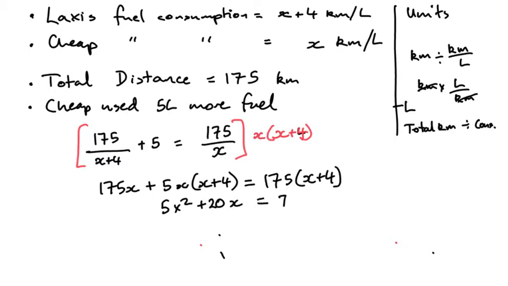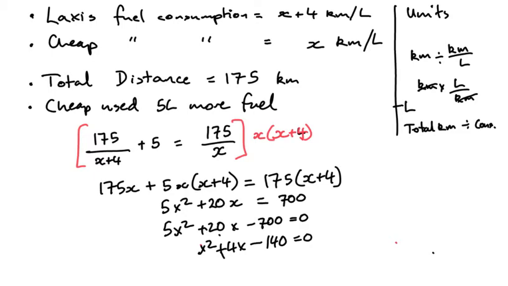So what I'm left with is I've got 5x squared plus 20x equals 4 by 175 is 700. Get everything onto the left. 5x squared plus 20x minus 700 equals 0. Divide through by 5. x squared plus 4x minus 140 equals 0.